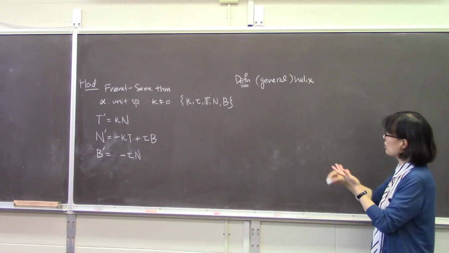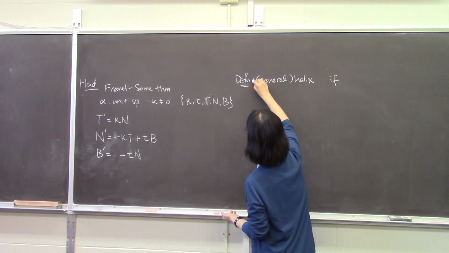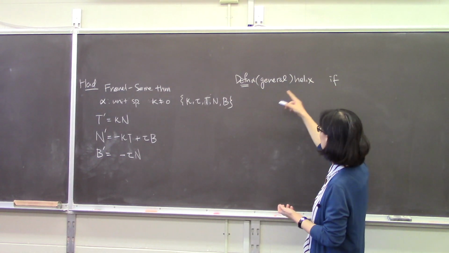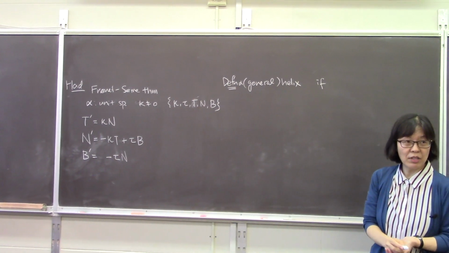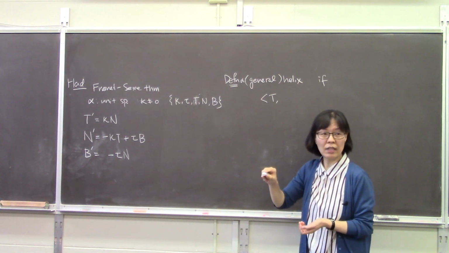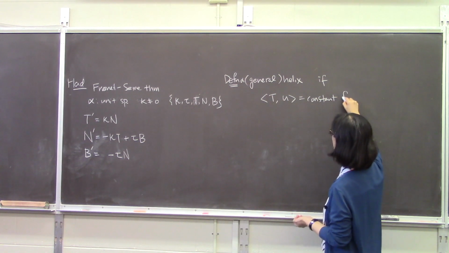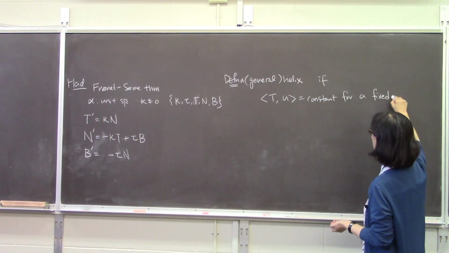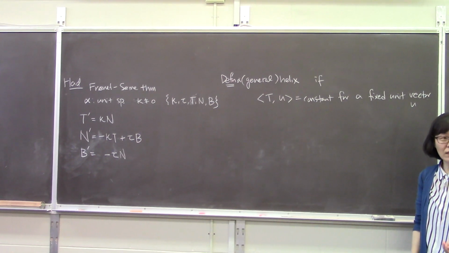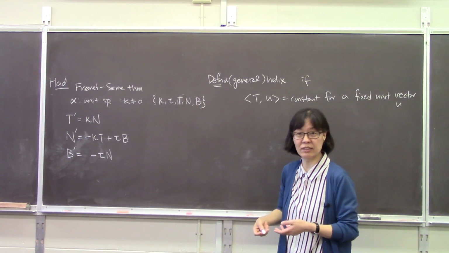A curve alpha is a helix if the inner product of T and U is constant for a fixed unit vector U. Okay? Then if that is true, we say alpha is a helix, a general helix.